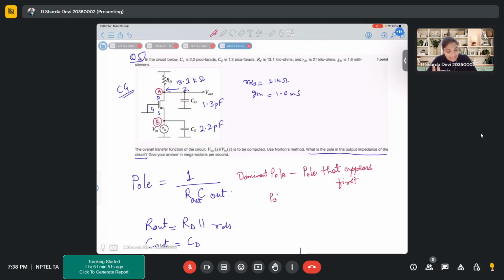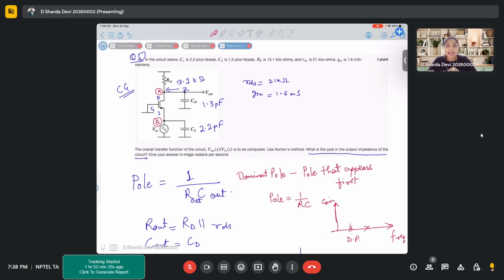We have already said that pole is 1 upon RC. So a higher value of R or a higher value of C will lead to a smaller value of pole. That means when we draw a Bode plot or frequency response plot with frequency versus gain, and we place our poles over here, the pole that appears first is the dominant pole. And this pole that appears first will have a higher value of C and a higher value of R.